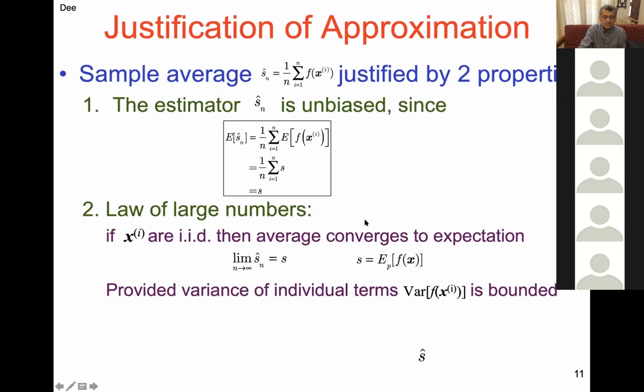The second is the law of large numbers, which is another famous law, which says if the xi are identically distributed, then the average converges to the expectation. So there is good reason to see why the sample mean converges to the true parameter.